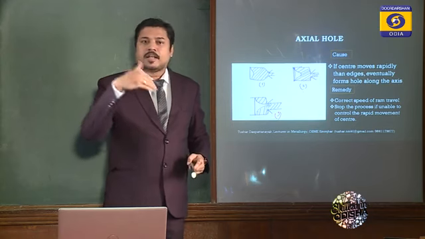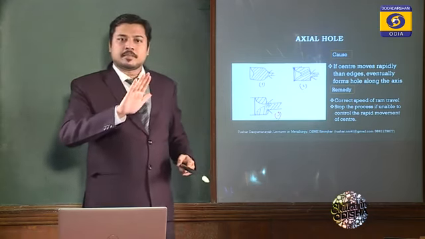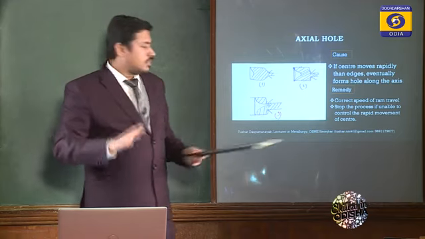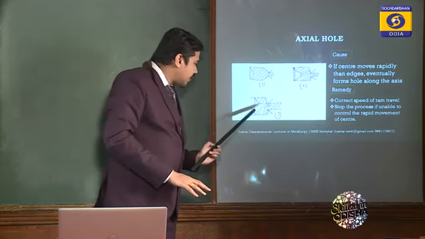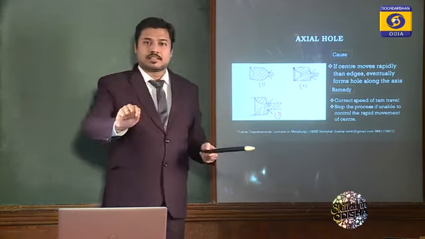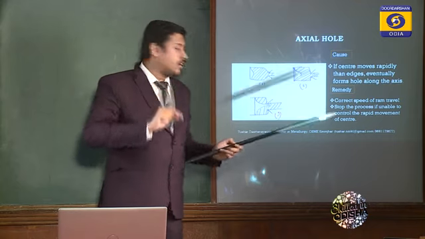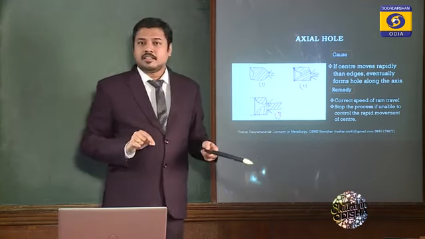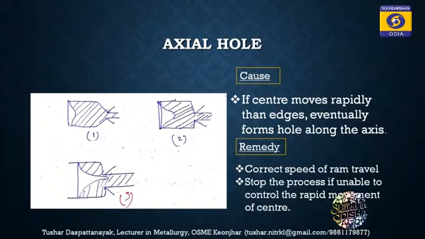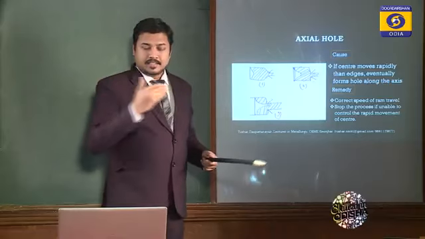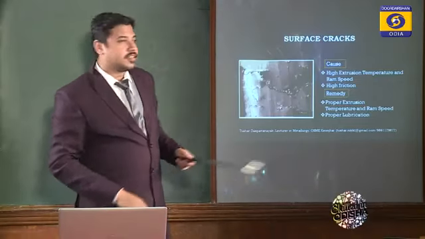Second is if you are unable to control the ram travel, stop the process. Otherwise, this defect will be inside the extruded product, which is not good for quality. Okay, get it? Next we'll go for surface crack.